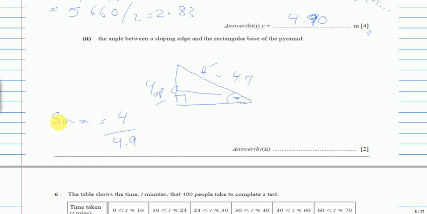Then sine on the other side becomes sine inverse. So x is equal to sine inverse of 4 over 4.9, and it's 54.71, and I will round it to one decimal place, which is 54.7.